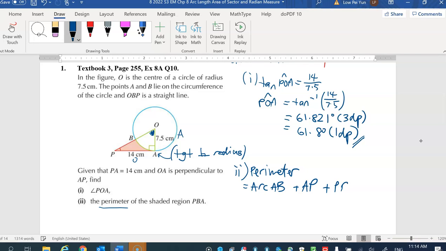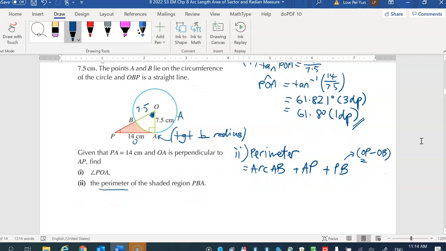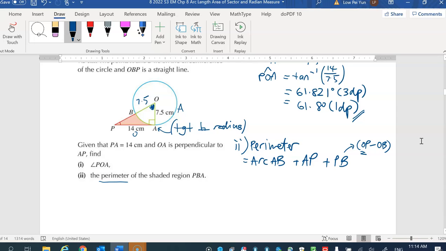Well, PB can be found if I take OP minus OB. I know OB is 7.5, so I need to find OP. Okay, I need to find OP. Since this is a right angle triangle, I can find OP by using Pythagoras Theorem.